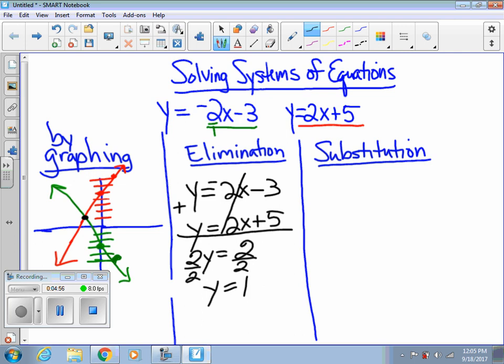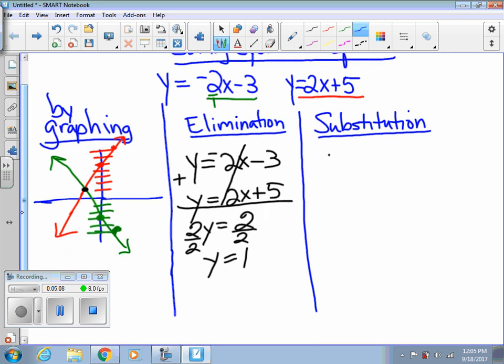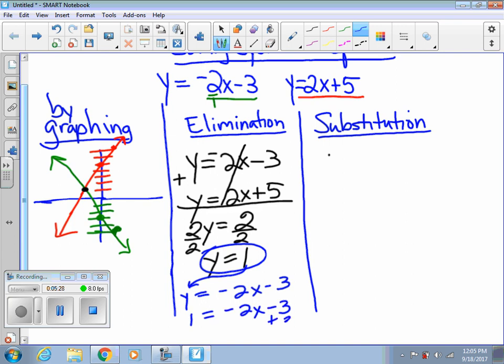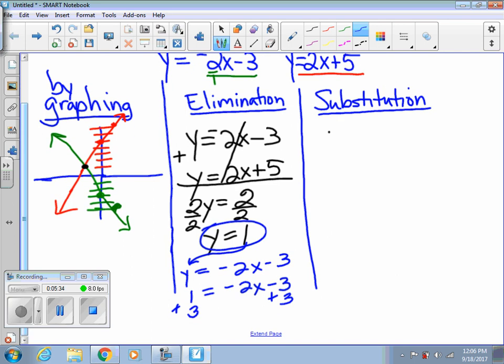Y equals 1. Then this y needs to get plugged into either of the original equations so we can solve for x. So if y equals 1, let's do y equals negative 2x minus 3. I'm going to plug 1 in there, so I get 1 equals negative 2x minus 3. Add 3 to both sides, and I get 4 equals negative 2x.